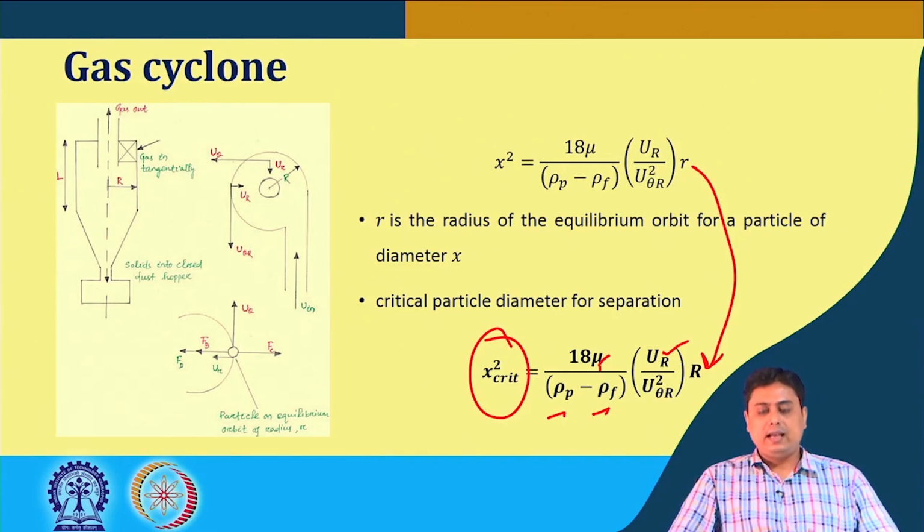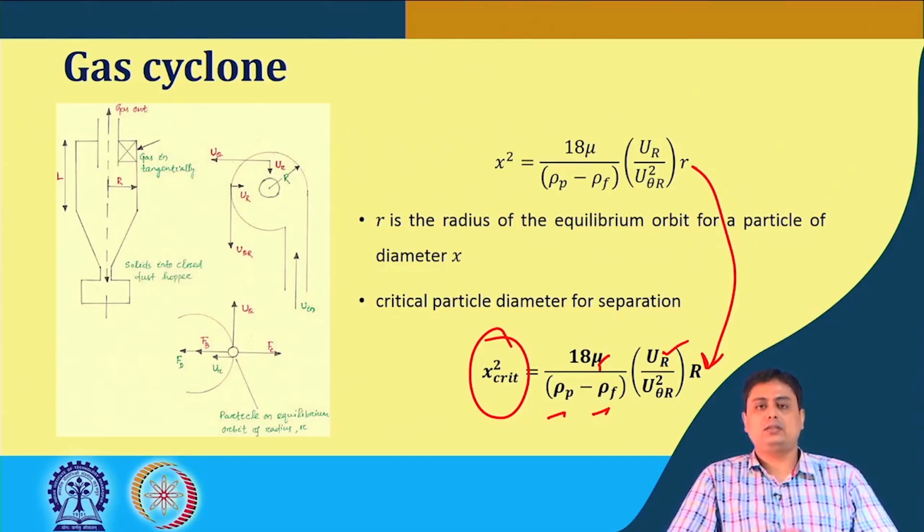So this critical size is sometimes a single quantity that is used to quantify a gas cyclone. The characteristics of a cyclone separator is sometimes quantified by this critical particle size that can be captured for this operating condition.